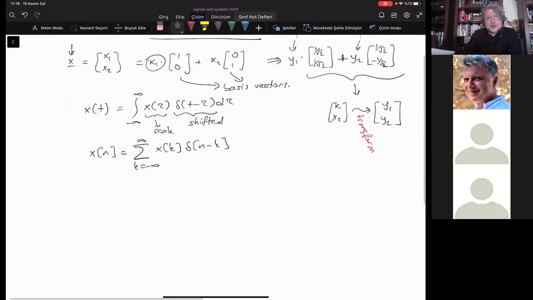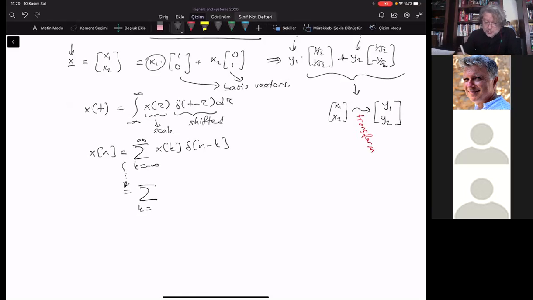Now let's continue within the concept of signals. If I can write x of n in a different format as a summation, again over k, or it may be an integral, it may be a summation, just some linear combination.